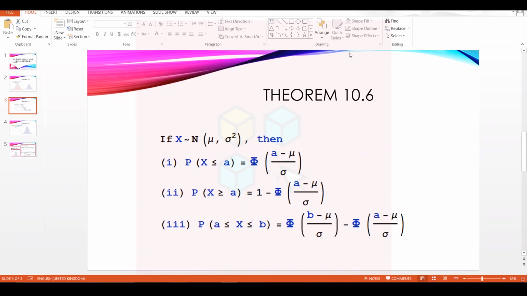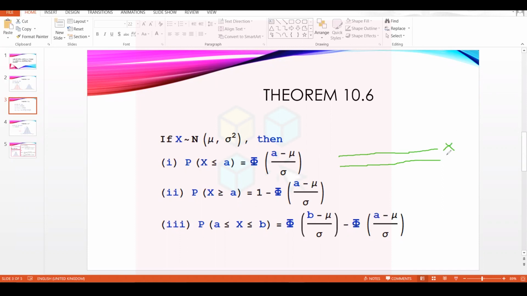This is Theorem 10.6, with three axioms. The first one is probability x less than small a is always equal to phi of a minus mu over sigma. If we plot this point on the number line, this is our x scale and this is the z scale.